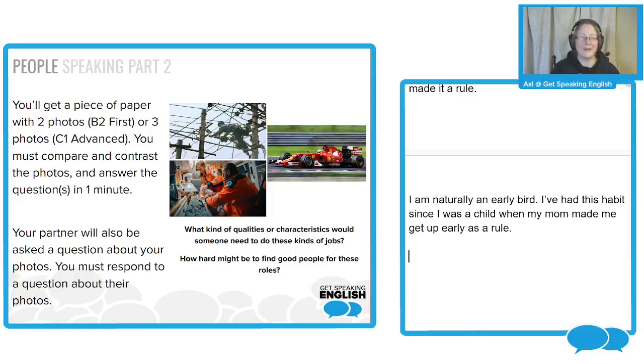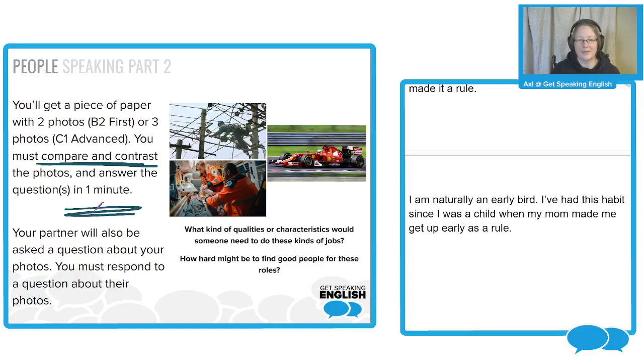But you have to compare and contrast the photos, and answer the question or questions in 1 minute. After you have your talk, your partner will be asked a question about your photos.